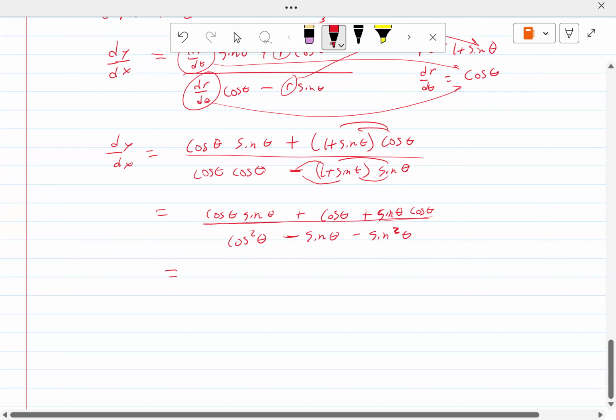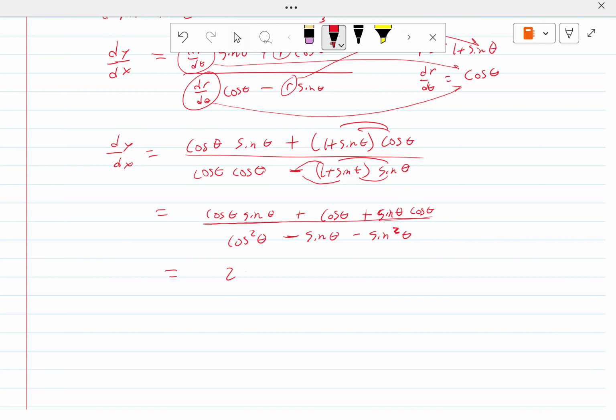So this is going to be equal to 2 cosine theta sine theta plus cosine theta, got two of those, over cosine squared theta minus sine squared theta minus sine theta.